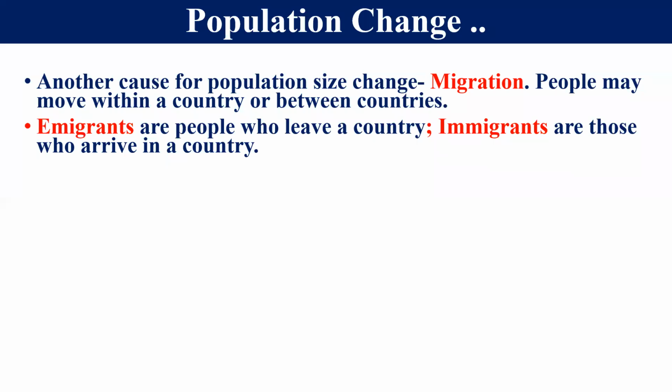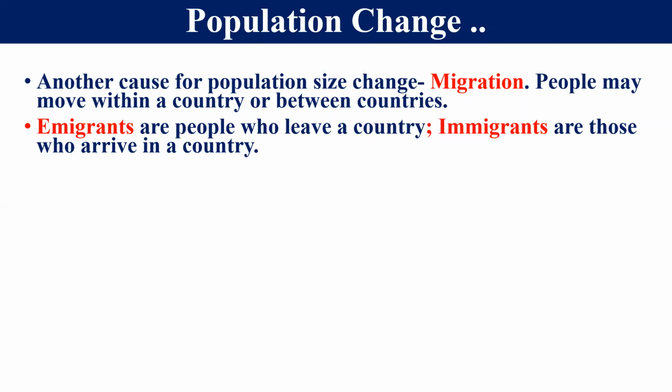I think these two words are clear to all of you, and these are important terms. Many times this question is asked in the question paper also. So underline these two words: who are emigrants and who are immigrants.